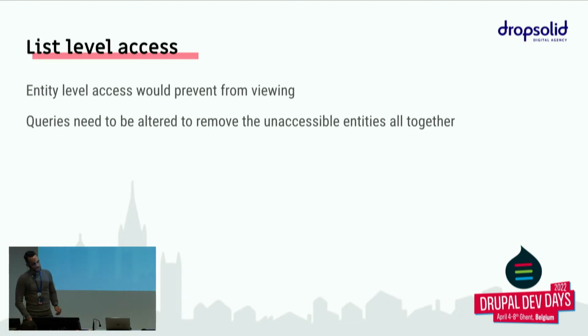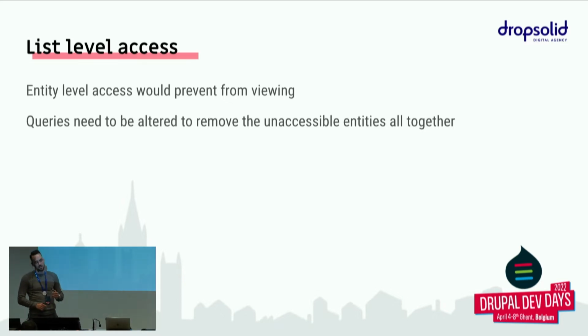On the list level access, so when you see a listing, the entities are being rendered. So at that time, the entity level access already kicks in, which sort of makes it fine and okay. But the thing was that, for example, if you have a listing and you might have a summary on the top, which is going to say showing you 10 items out of 20,000.